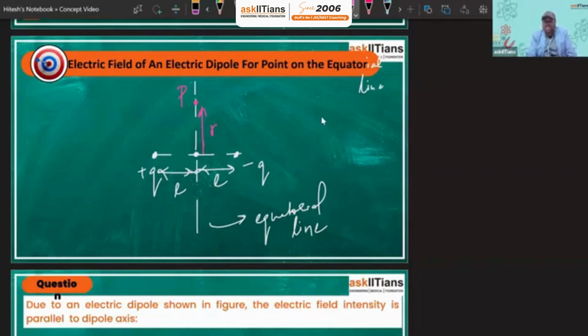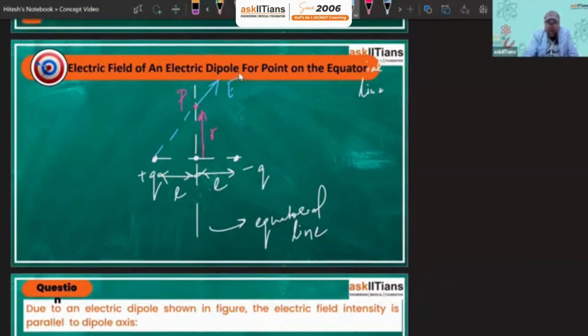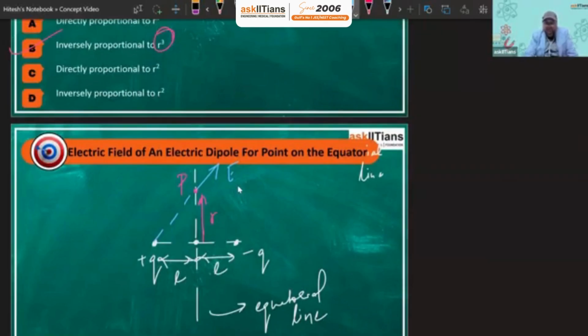So how to go about it, I'm just giving you an idea. With respect to plus q, you see, the electric field must be in this direction. So I can say that it is due to E plus. And due to this negative charge, where should the direction be? It should be in this direction. E minus.